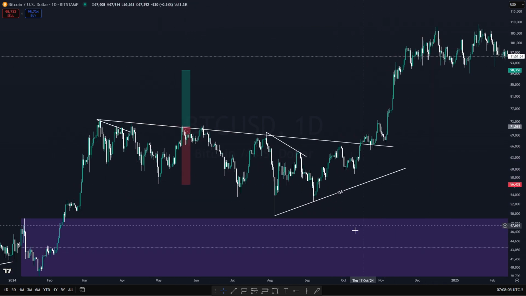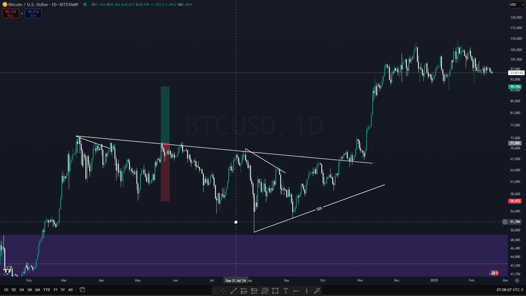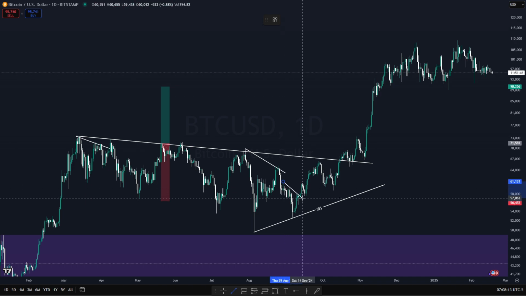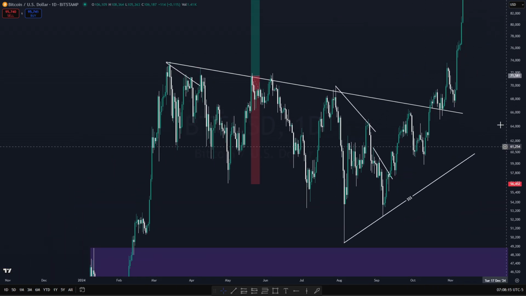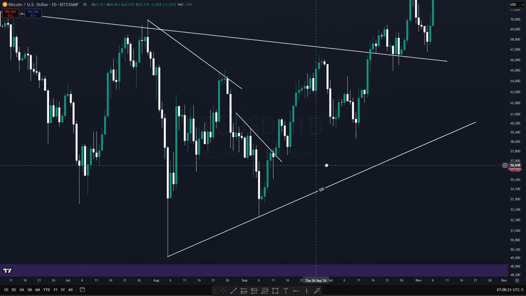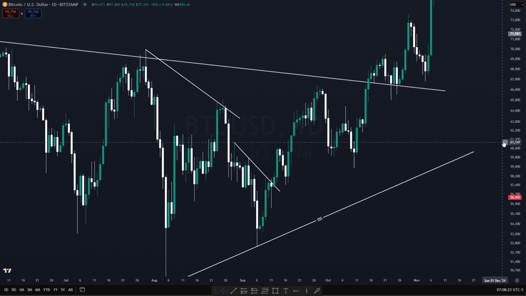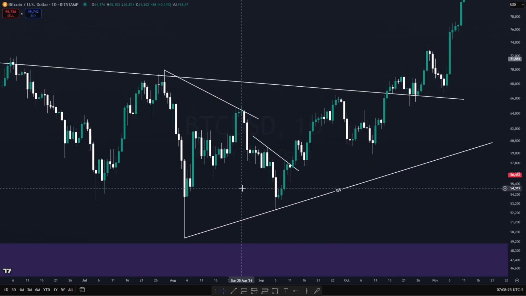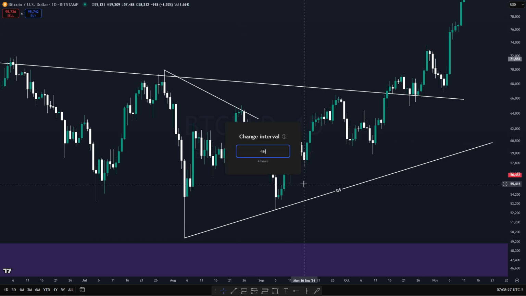Right, on the daily. Now, where would we have entered right here? Well, we just do the same thing all over again. We find the trend line, right? Where do we get our breakout? Seem to be getting it right there. Now, I mean, right here, I gotta look at the 4-hour chart.